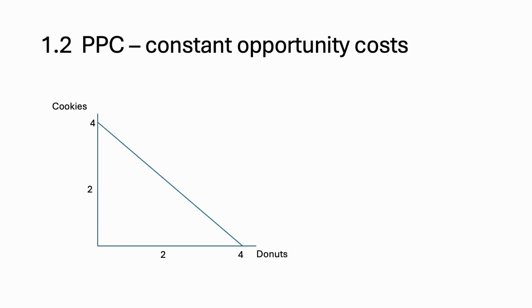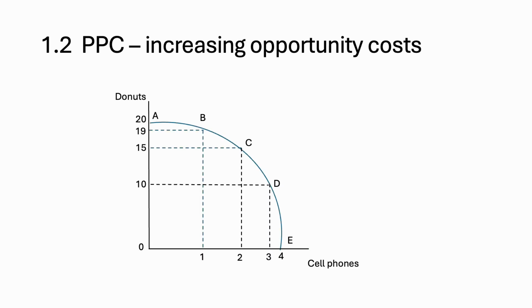and therefore the opportunity costs are constant. This PPC is showing the law of increasing opportunity costs, which states that as more of one good is being produced, you're giving up more and more of the other good. So as you can see on this diagram, as you're moving towards producing cell phones from making all donuts, at first you're making 20 donuts. But if we want to move to point B, where we're making 19 donuts and 1 cell phone, we're giving up 1 donut.